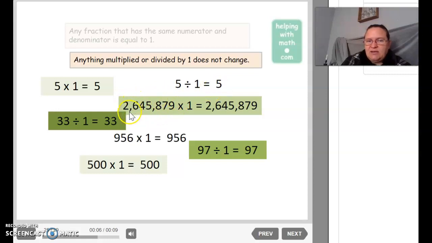Remember, in some places they use commas instead of spaces between the different houses. So this would be 2,645,879. And even a big number like that, if you times it by 1, it's not going to change. Or if you take a number like 33 and divide it by 1, it's not going to change. So 1 never changes the amount if you times or divide it.